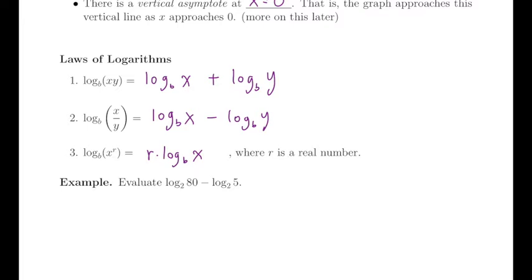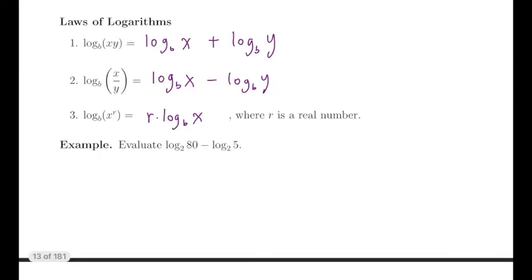All right, so knowing these three laws of logarithms, we can try this one. It says to evaluate this number, and the final answer will just be an integer. Again, please pause this video here and try to work on it yourself first. So notice that we have two different logarithms that are subtracted.